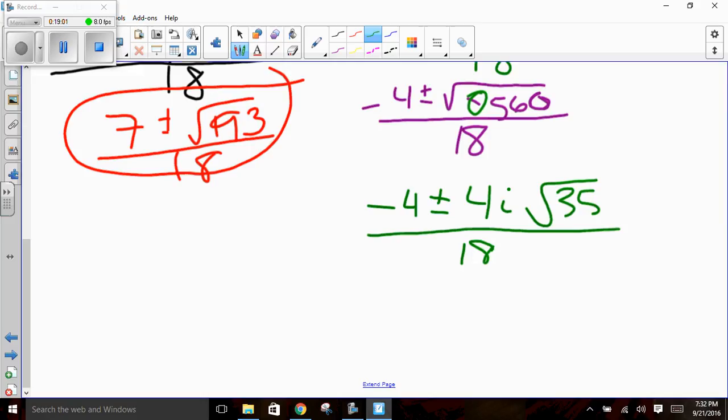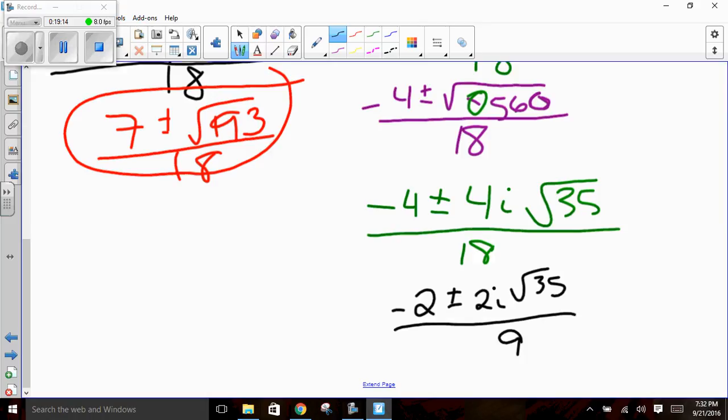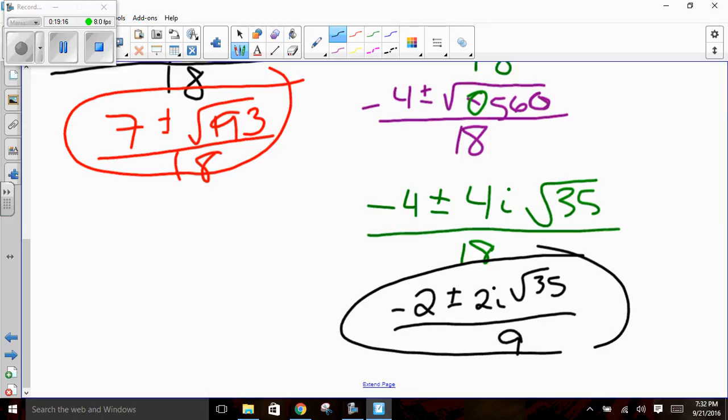All still divided by 18. I ask myself, can I reduce? Yes, I can divide everything by 2. So I have -2 plus or minus 2i square root 35 all over 9. And that, ladies and gentlemen, is that large crazy answer and the end of our notes.